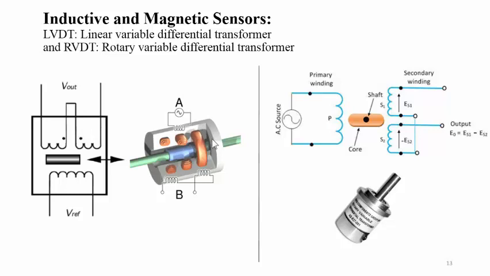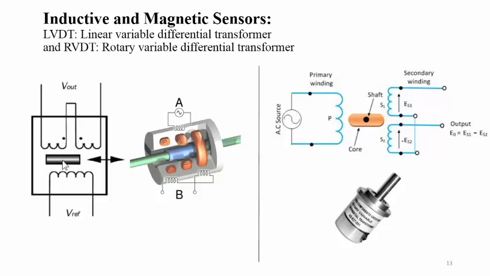So at the left hand side we can see the LVDT sensor. In this particular package you will find the primary winding and the secondary winding. This is the typical cross section view of this sensor. Here you will find the primary winding, which is connected to the excitation voltage, and from the secondary we are getting the change in the output.